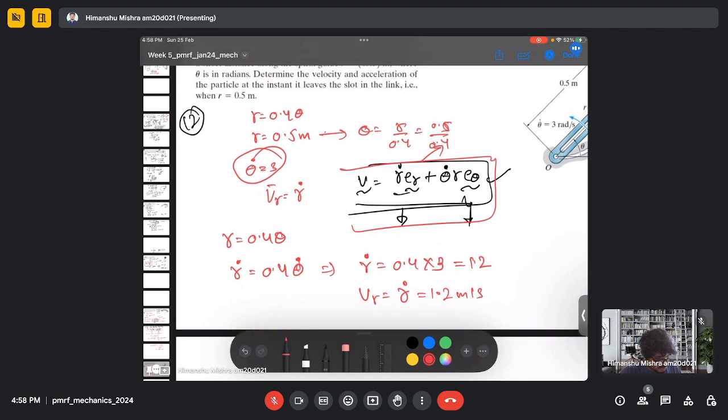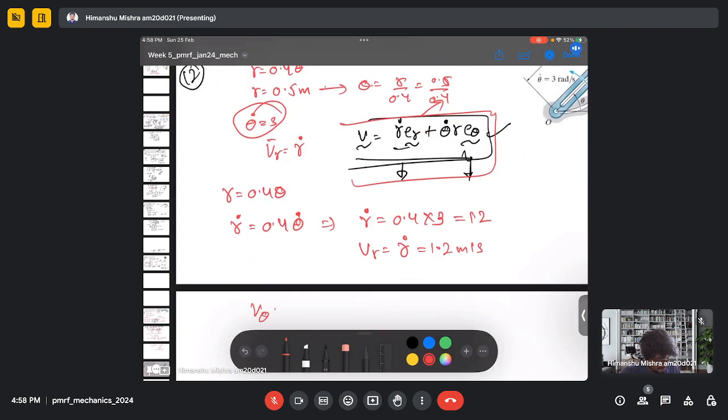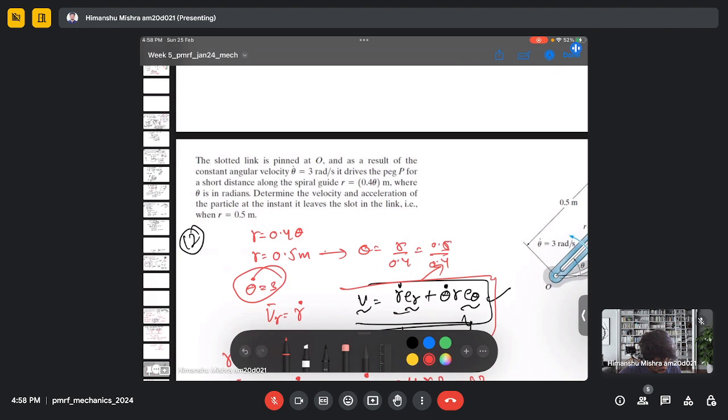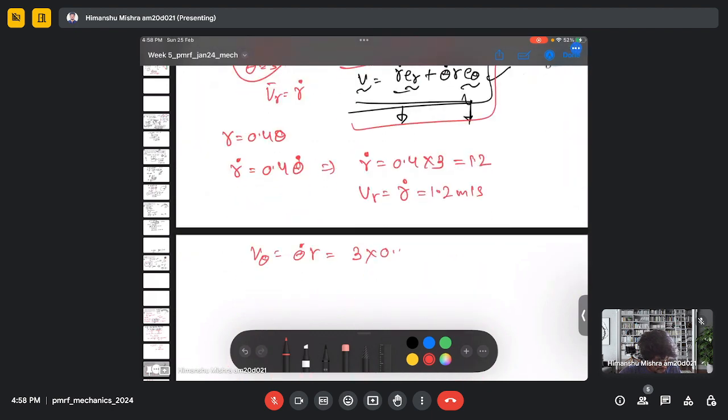Now we need to find v theta, which is theta dot r. So we know theta dot, which is 3, and we know r, which is 0.5. So v theta is 1.5 meter per second.